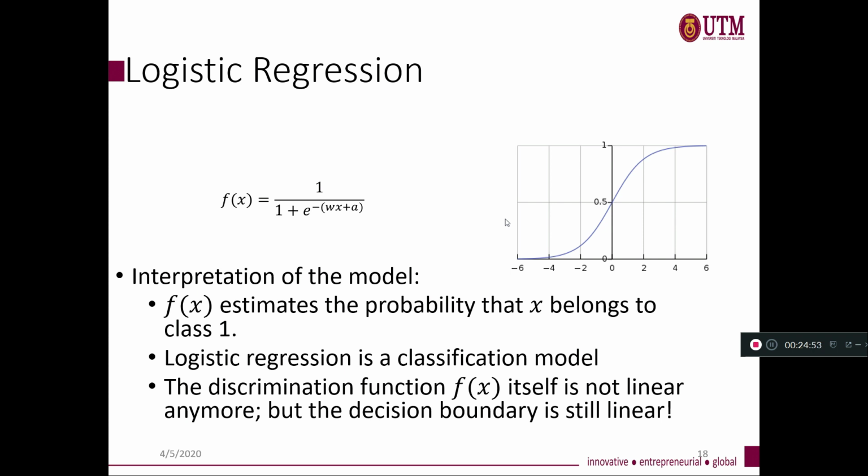Instead of giving y hat as a continuous number, now your y hat actually represents the probability, the probability of whether this belongs to class one or class two, given x.